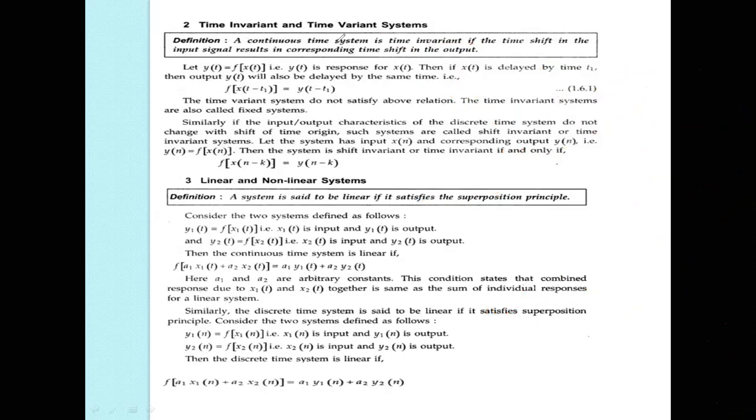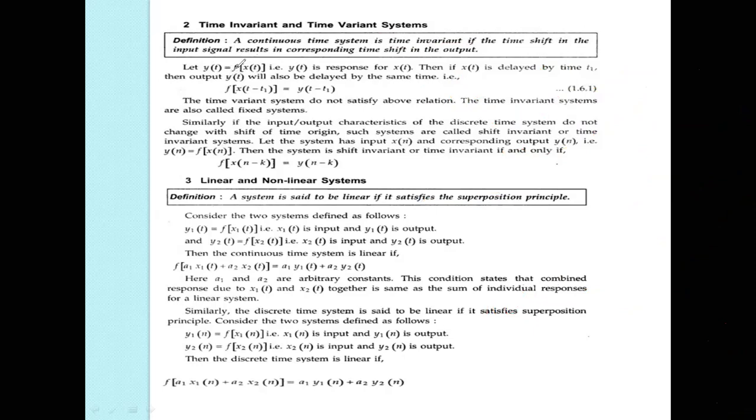See once again, a continuous time system is time invariant if the time shift in the input signal results in a corresponding time shift in the output. Okay, you see here y of t is a function of x of t.